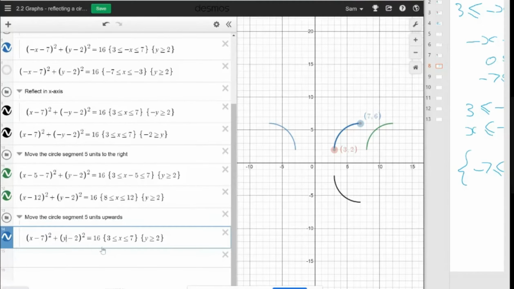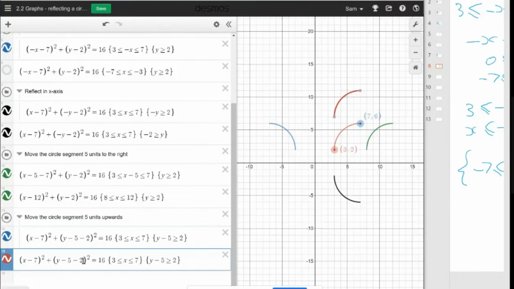Five units upwards, so y minus 5, because I'm moving it up. Also, that has worked. But we will rearrange the equation. Minus 5 minus 2 is minus 7. Plus 5 to both sides. So 2 plus 5 is 7. Okay. And that is a bit nicer.